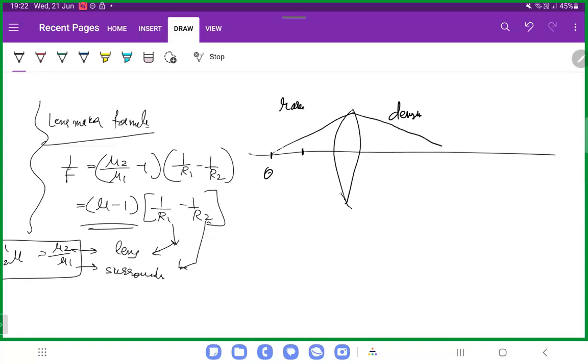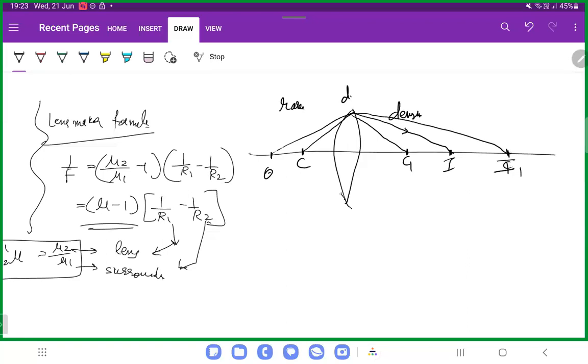Here we are getting the image. And some centers we'll draw here. Let's name it C1, I. There will be a refracted image here also. That is I1.